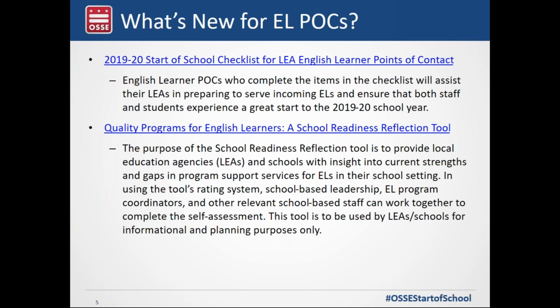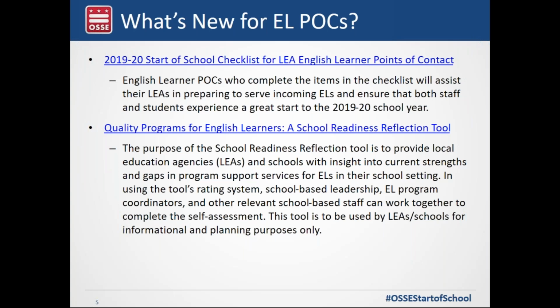In addition, OSSE has issued a checklist for English learner points of contact to help get the school year off to a smooth start. The link is here, and it is also located on the Start of School website. Also, OSSE has available a tool called Quality Programs for English Learners, a school readiness reflection tool.